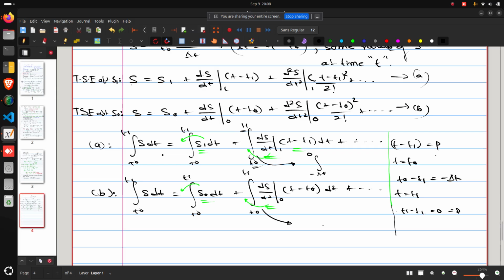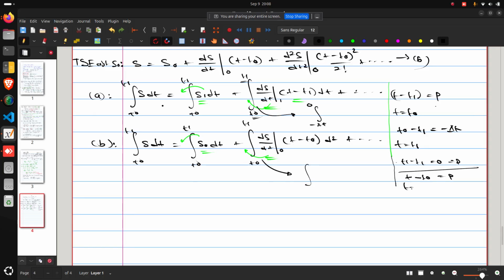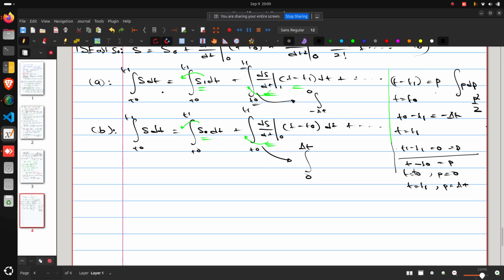Same thing will be happening here also, but here we'll assume t minus t0 equal to p, and at t is equal to t0, p will become 0, and at t is equal to t1, p will become delta t. So this will become 0 to delta t, right? And what will the integral be? The integral is p times dp, it is nothing but p square by 2, right? Simple integration.